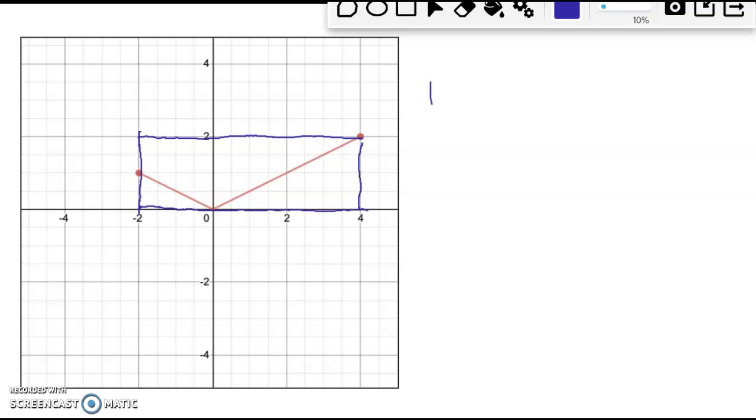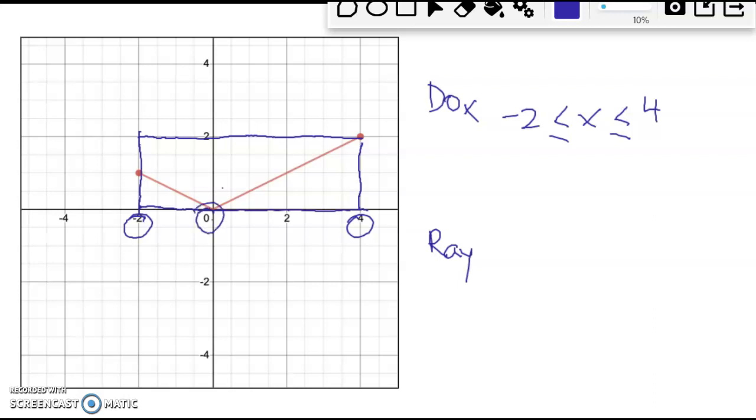Remember, domain and range. So I'm just going to do the inequality notation. It goes from -2 to +4. We're talking about domain, so it's going to be opening to the right. Okay. And then range, we're talking about the y-axis values. What's the minimum y value?